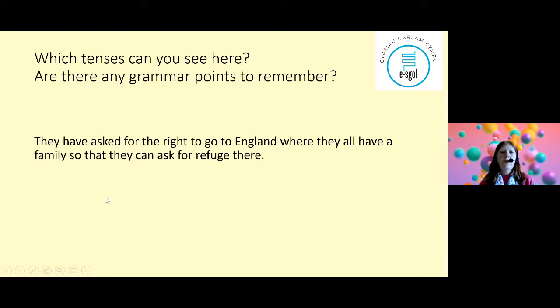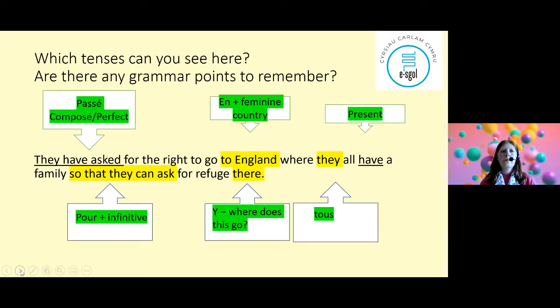You should have had a chance to note now the tenses or grammar points you can see in this sentence. So I'm going to move on to the next slide and we'll have a look at them together. So you'll be able to see here, if we start at the top of the sentence, "they have asked", I've underlined, and I've made a note that this is the passé composé or the perfect tense.